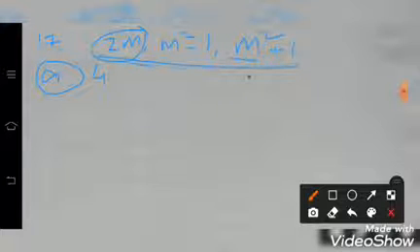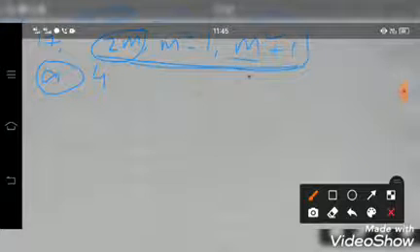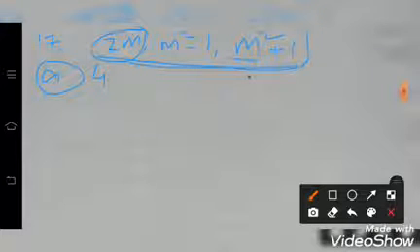This is called a Pythagorean triplet. So by using this formula, you will find out the other members of Pythagorean triplets.